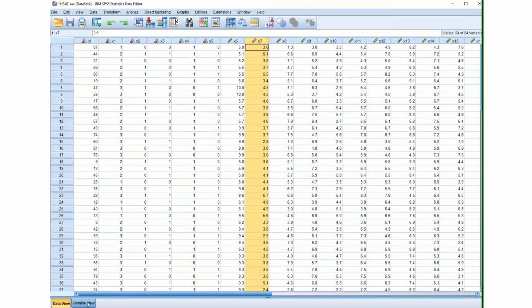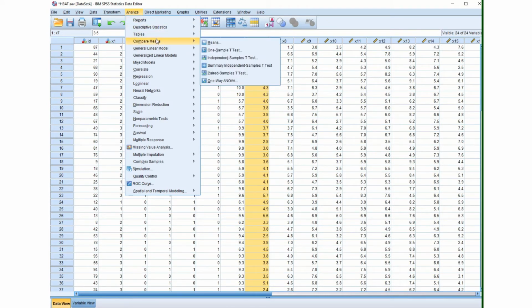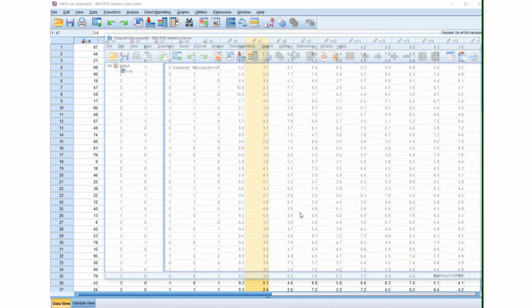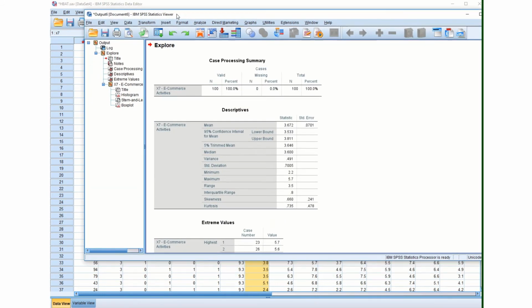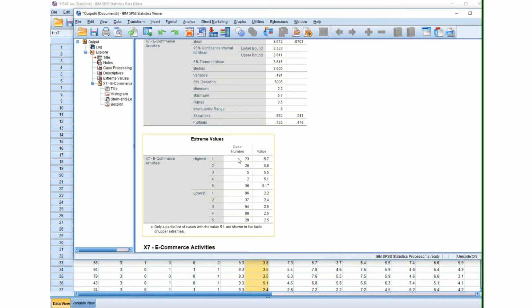So in other words, we had descriptives, we had explore. I'll just run this again so that we've got it back up here. We had these extreme values 23, 26, and 5.